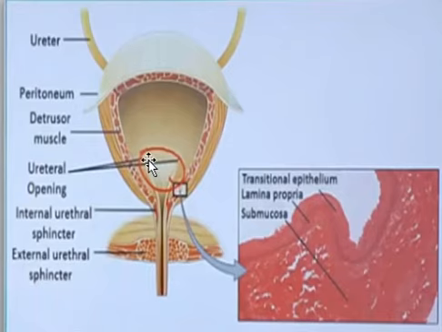Here we have the three openings: two openings for the ureters and one for the urethra. This region we call the trigone, where the ureters and the urethra open in the urinary bladder.